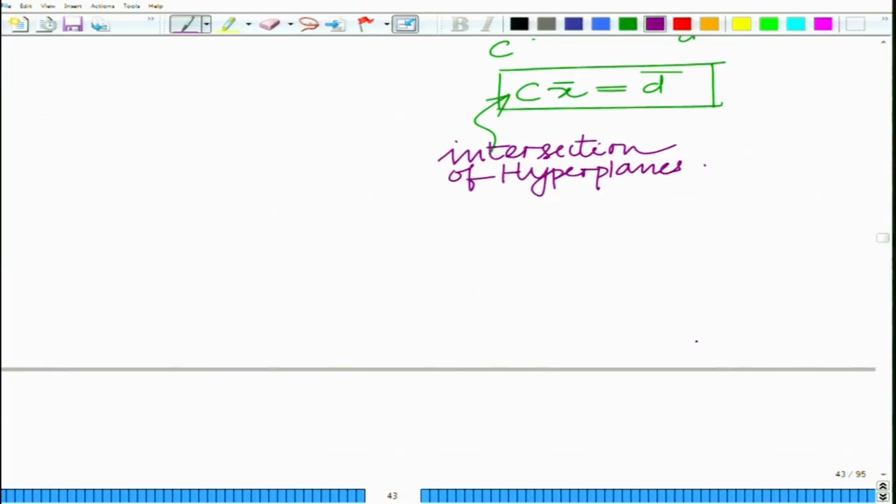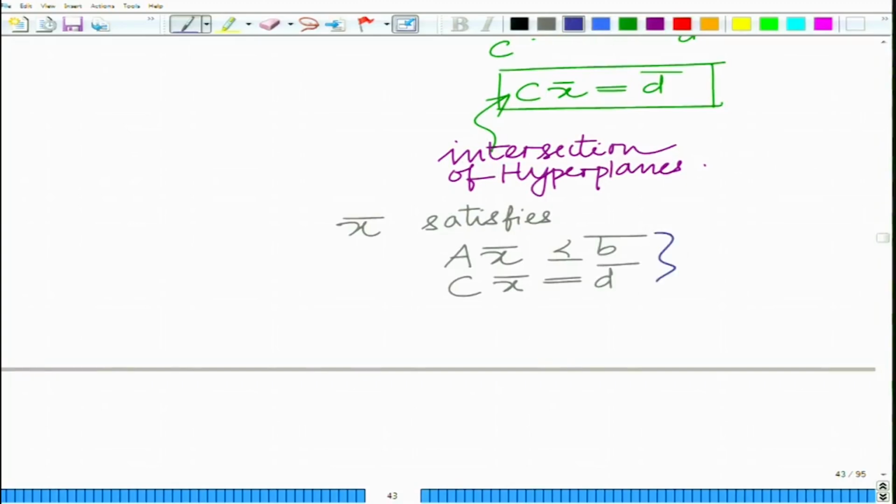And now if you put them together, you have an intersection of hyperplanes and half spaces, that is, vector x bar that satisfies A x bar component wise less than or equal to B bar, C x bar equals D bar.